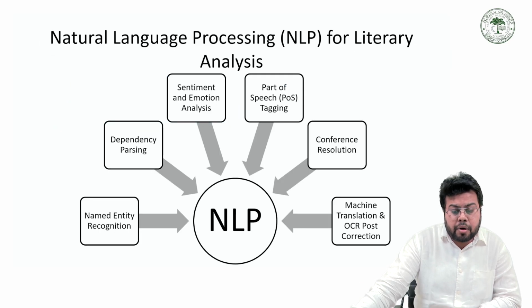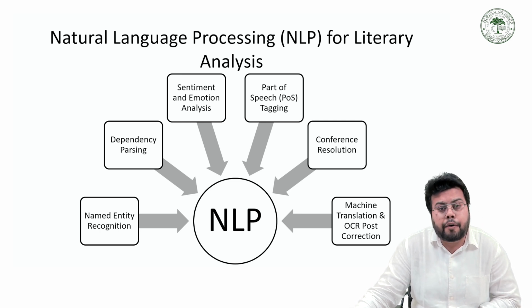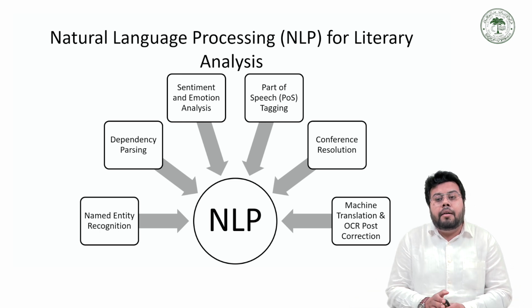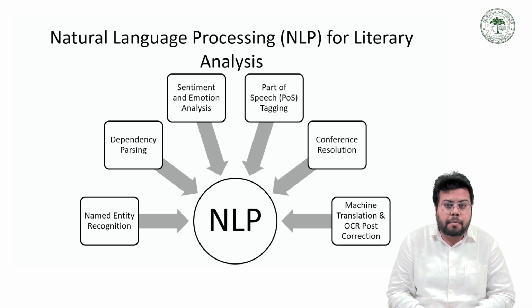Now, another digital research method is known as natural language processing for literary analysis. Natural language processing for literary analysis refers to the use of computational techniques to analyze, interpret, and extract meaning from literary texts. NLP, which is often, of course, used as a short form, enables researchers to process large collections of novels, poems, plays, and other texts by identifying patterns in language, themes, emotion, characters, and narrative structures.